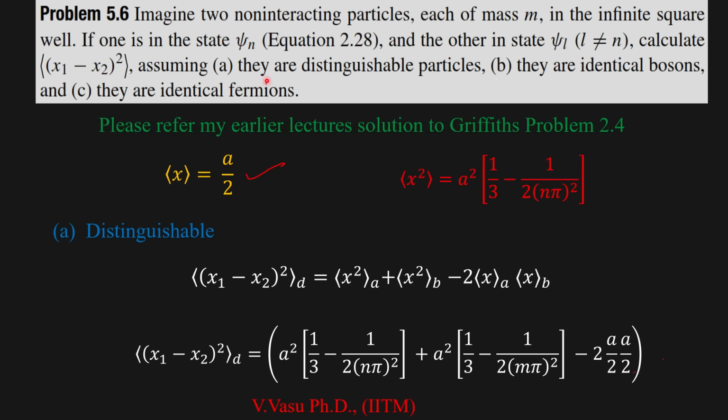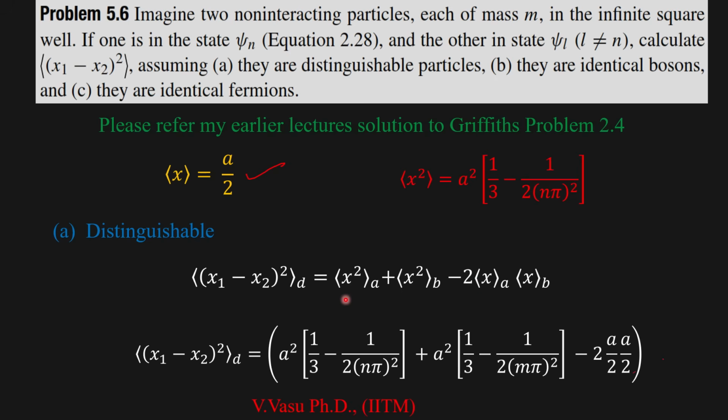First we will take the distinguishable particles, that is case A. Here on the left hand side is the square of the expectation value of the distance between particle 1 and particle 2. That is the meaning of this: the distance between the two particles is x1 minus x2, and we are going to square it. The subscript d represents that these particles are distinguishable. (a minus b) whole squared is a squared plus b squared minus 2ab.